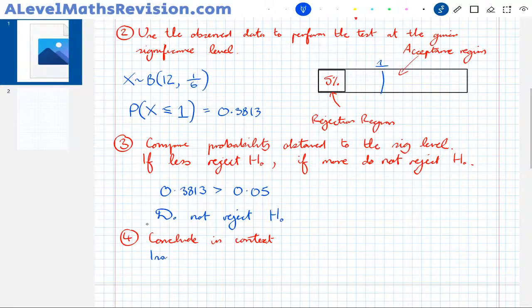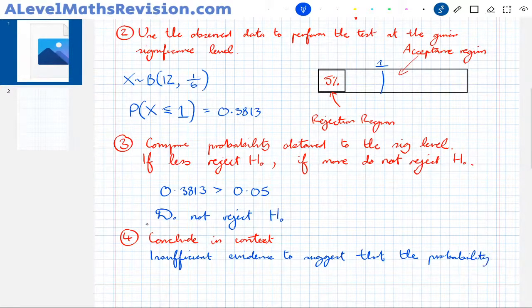So insufficient evidence to suggest that the probability, and don't get lazy with conclusions here, must write all this to get the marks, that the probability of rolling a 6 is less than 1/6.